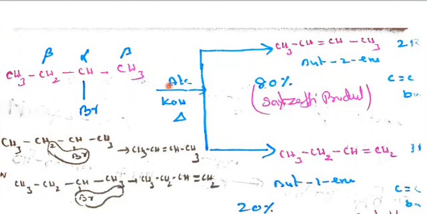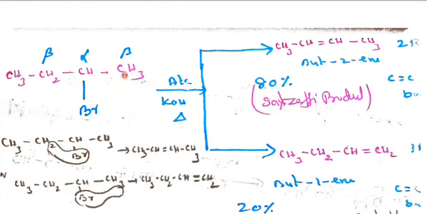Now let us see this. Alcoholic KOH is used with heating. It releases hydrobromic acid, so HBr is removed. Here, CH3, CH2, CHBr, CH3: the Br may take a hydrogen from this beta carbon, or from the other beta carbon, not simultaneously, one by one.